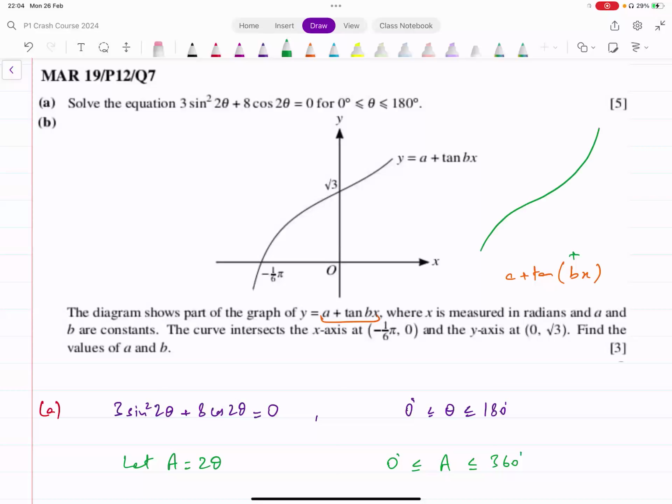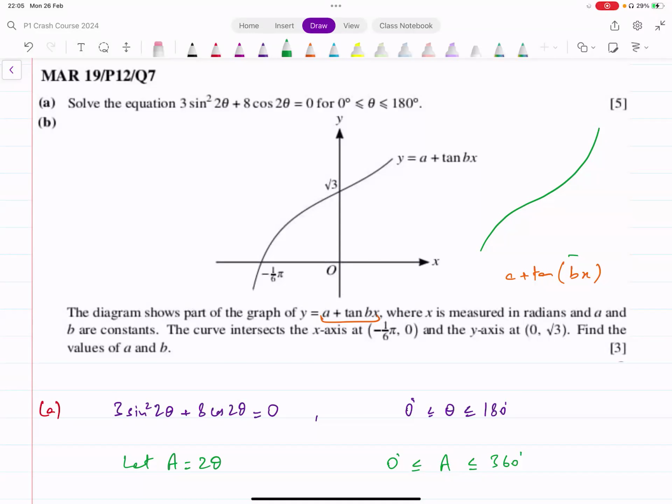It looks like this. And that's exactly what this graph is showing us as well. It looks like this, right? If b was negative, what happens when you have a negative number there? The graph is reflected horizontally. So there's a reflection in the y-axis.